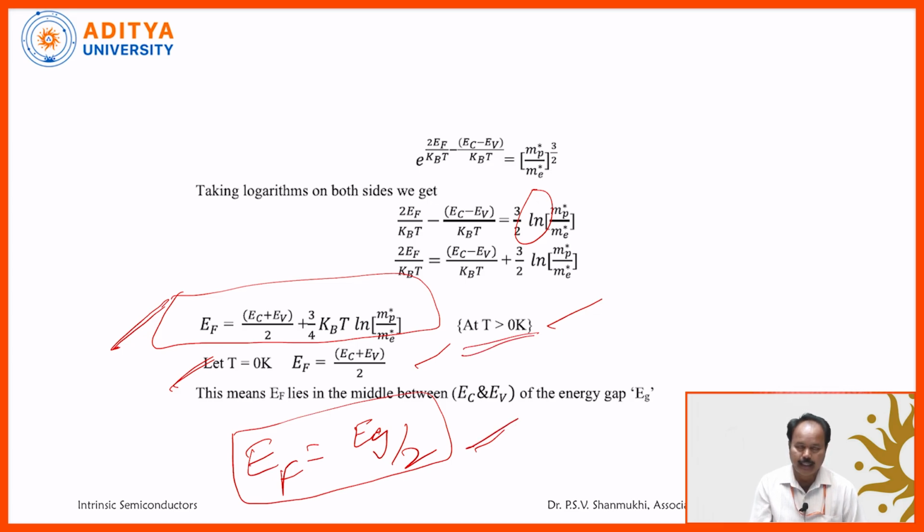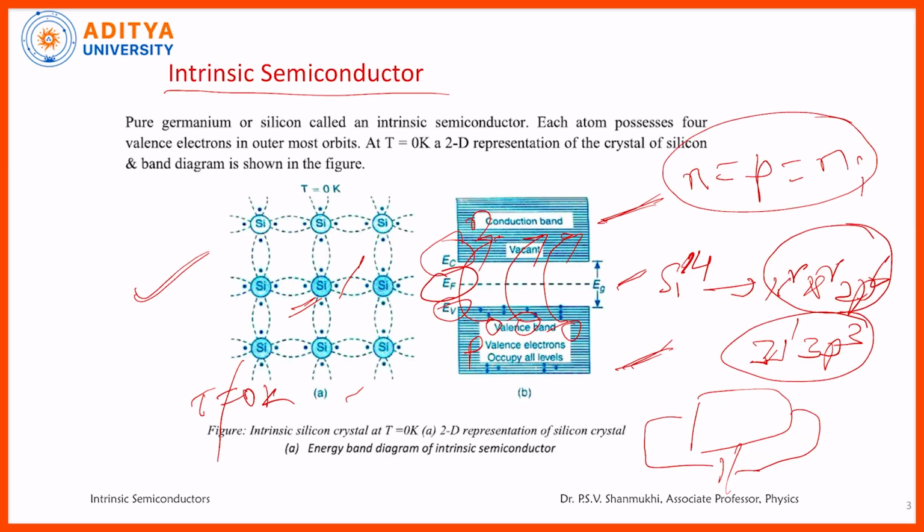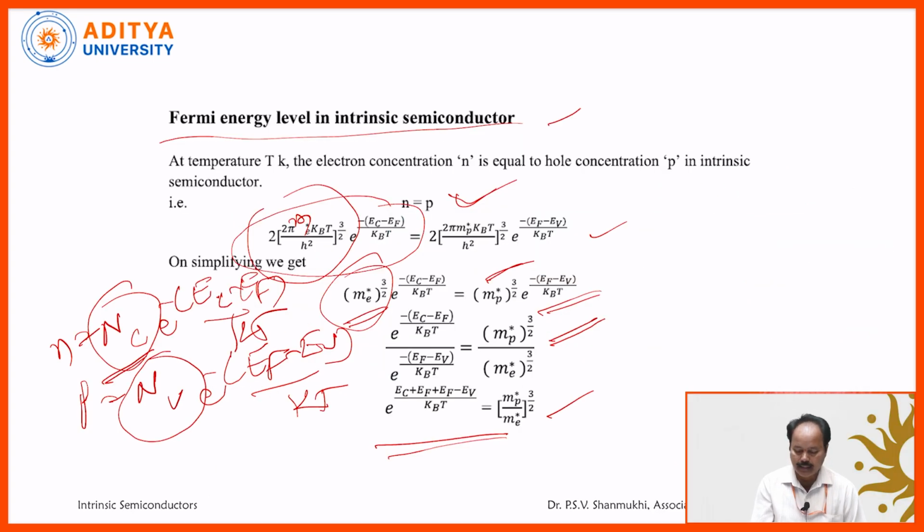At other than 0 degree Kelvin, we get Ef is equal to this expression. This is the crystal structure. At any temperature other than 0 K, some electrons have been promoted to the conduction band, but the number of electrons in the conduction band is equal to the number of holes in the valence band. So automatically we get n is equal to p, electron density is equal to hole density.